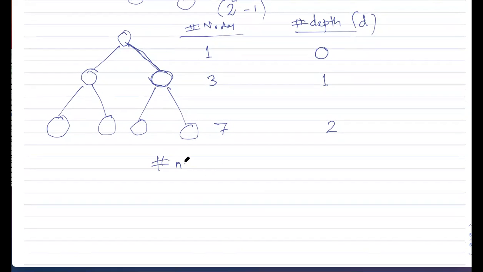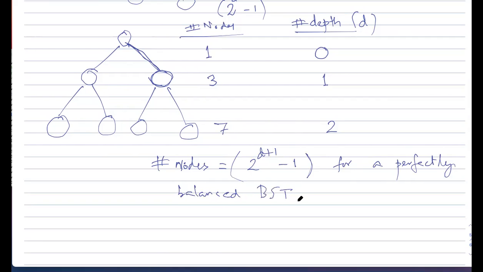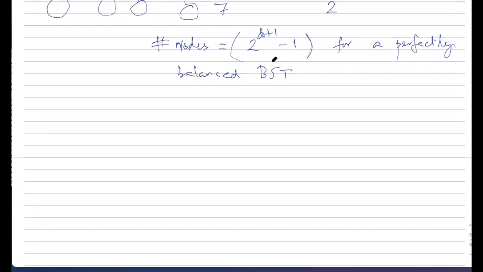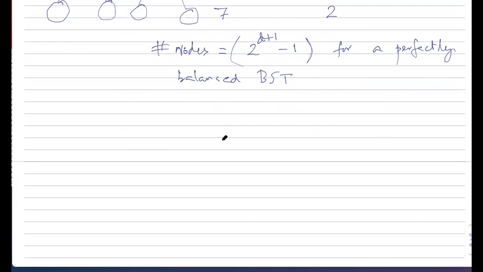The number of nodes is equal to 2 to the power d plus 1, minus 1 for a perfectly balanced binary search tree. Whether it's a binary search tree or a binary tree is irrelevant, because these are just nodes. Binary search tree is just that property we discussed.